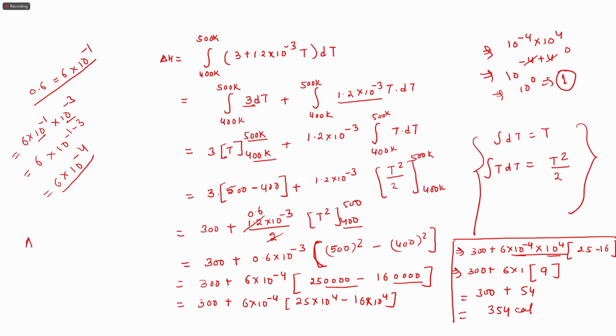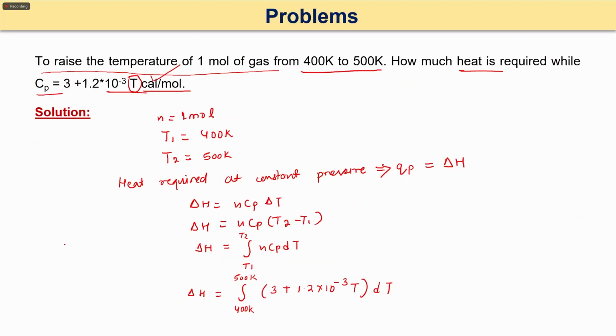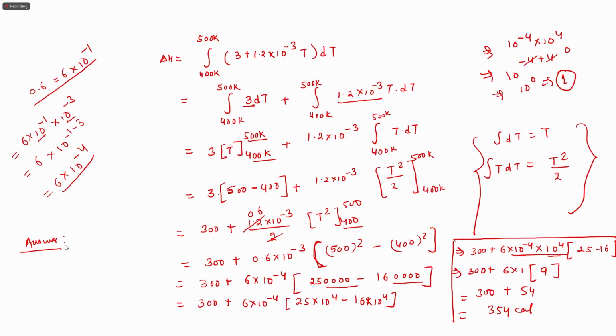So your answer will be the heat required at constant pressure, that is delta H, or also it can be QP, is equal to 354 calories. Okay, so this is your answer.